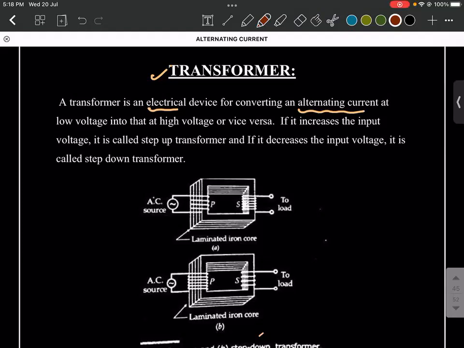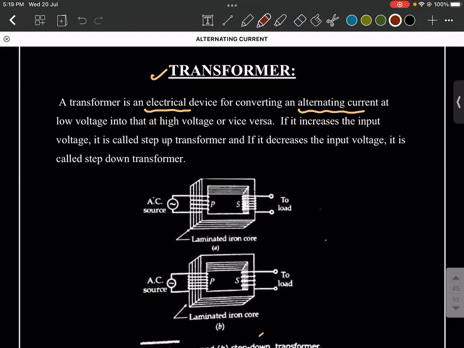So a transformer is basically an electrical device which is used for converting an alternating current at low voltage into that of a high voltage, or vice versa. Means the reverse also can happen.